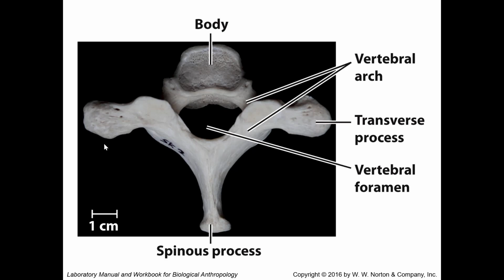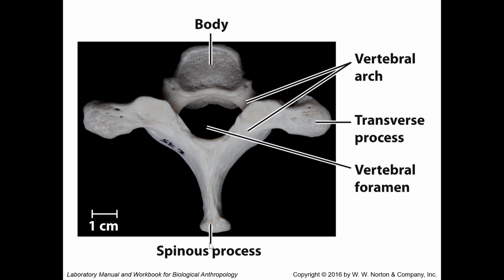So this is a picture of a typical vertebra. This is a thoracic vertebra at a superior view, and it represents a typical human vertebra. You've got the major bony features that are shared by most of our vertebrae: vertebral foramen, transverse process, vertebral arch, body, and the spinous process. We're going to break up the vertebrae into the 3 main types and then go into the sacrum and coccyx.